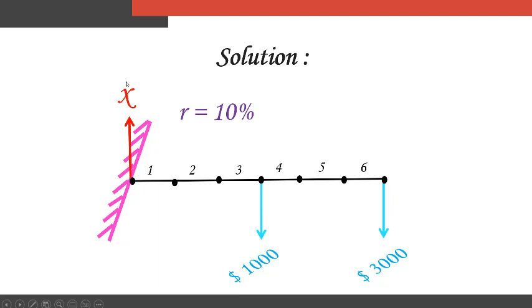The distance for x equals 0. So if you need to get the present value of x, the present value will be equal to x. If you need to get the amount of x, the amount will be equal to x. In our problem, the present value of $1,000 plus the present value of $3,000 will be equal to x.